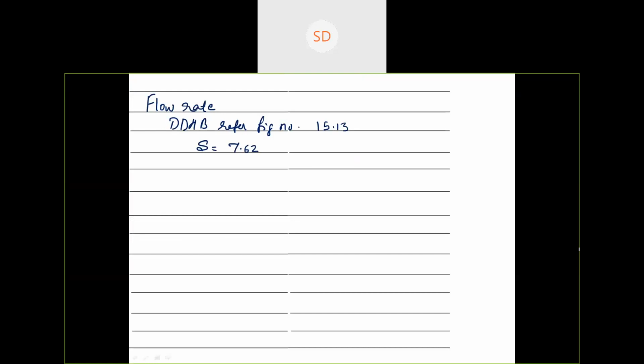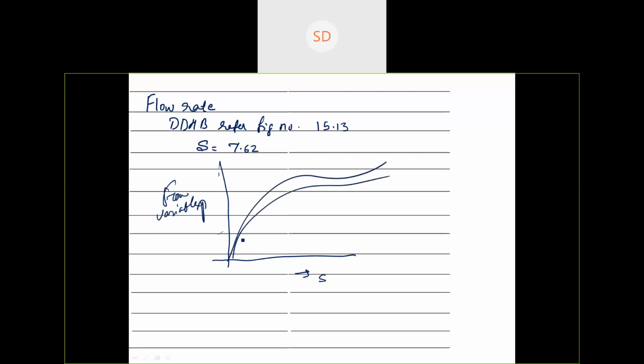How will you get it? Again, you refer to the diagram. On this axis you have S. On the vertical axis you have the flow variable. Again you are going to get different curves here. These curves are related to the value of the contact angle, whether it is a full journal or a partial journal.